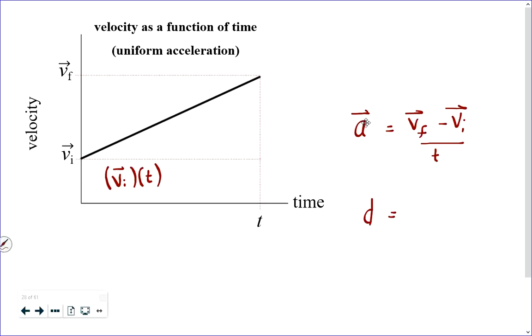And we know that this triangle is 1/2 the base times the height. So if I take 1/2 times the height, which is VF minus VI, times the time, which is the length, I get the area of that.